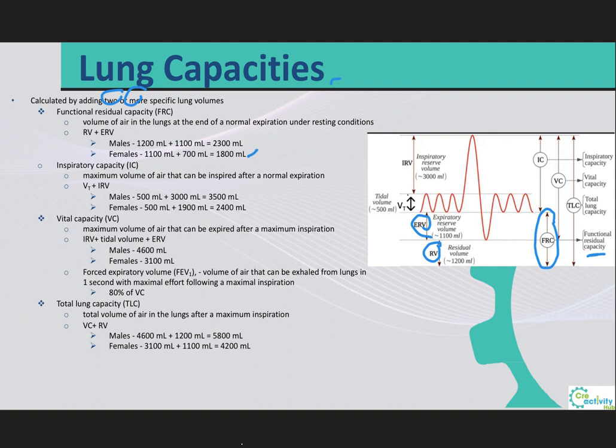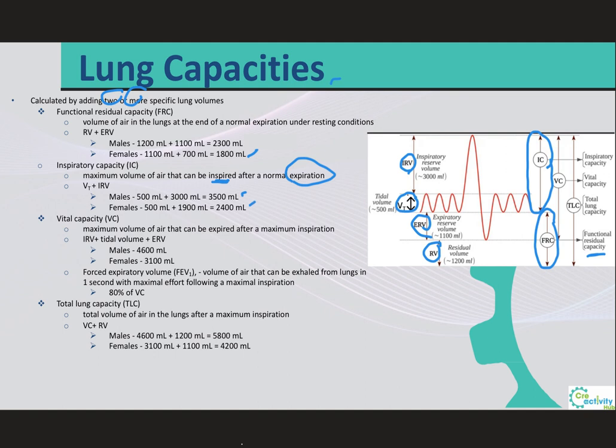Next, we have the inspiratory capacity, which is the maximum volume of air that can be inspired after a normal expiration. This is going to be the sum of the tidal volume and the inspiratory reserve volume. So for males, this will be 3,500, and for females, it will be 2,400.